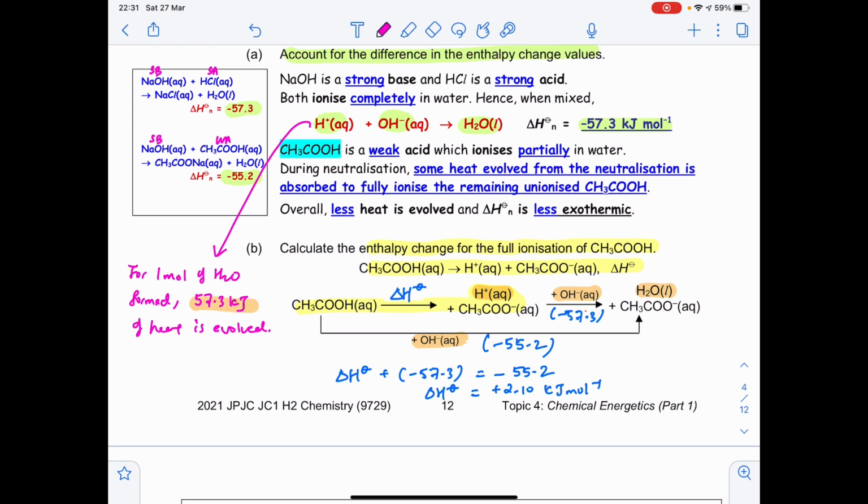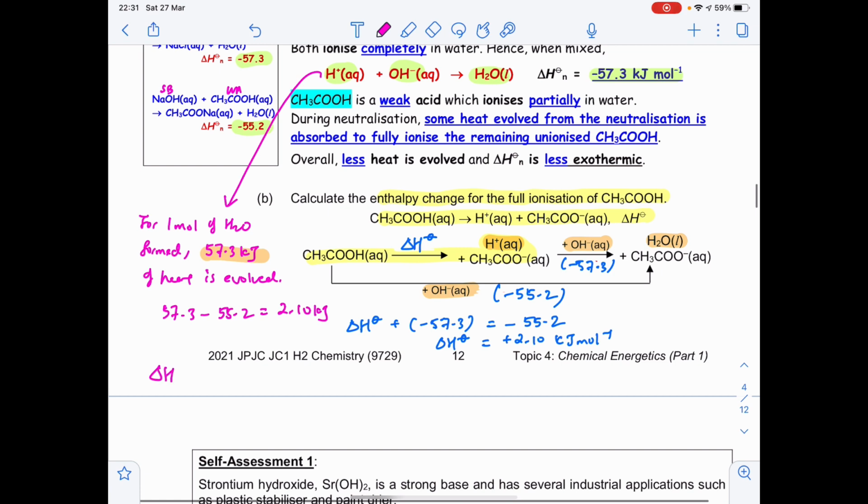Since only 55.2 kilojoules of heat is released when mixing sodium hydroxide and ethanoic acid, then 2.1 kilojoules of heat from neutralization must have been absorbed to fully ionize the remaining weak acid molecules. So heat is absorbed for ionization, the enthalpy change is positive, and therefore the enthalpy change of reaction ΔH for full ionization of the acid is plus 2.10 kilojoules per mole.